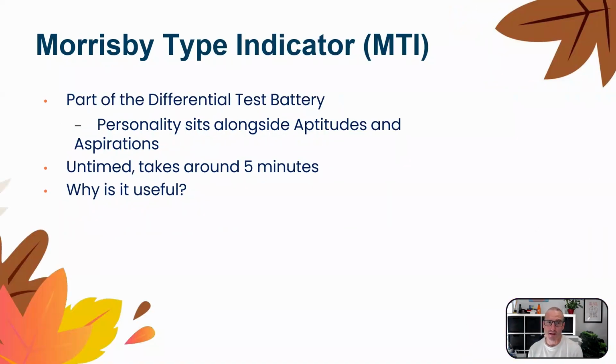The Morrisby Type Indicator is positioned within Morrisby as part of the suite of questionnaires and assessments. So it sits alongside aptitudes and aspirations. It itself is quite short. It's untimed and takes around 5 minutes because of the 32 questions asked. Now, why is it useful?